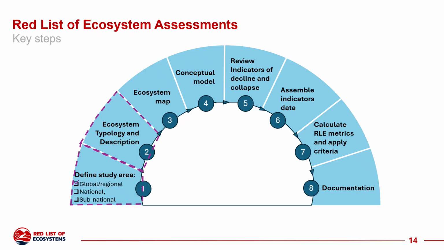We'll also cover how to develop a conceptual model, a simple but powerful tool that helps frame your understanding of how the ecosystem functions and how different stressors may be impacting it. And finally, we'll delve into the core of the assessment, how to assess criteria A through D, including how to select appropriate indicators and define collapse thresholds.